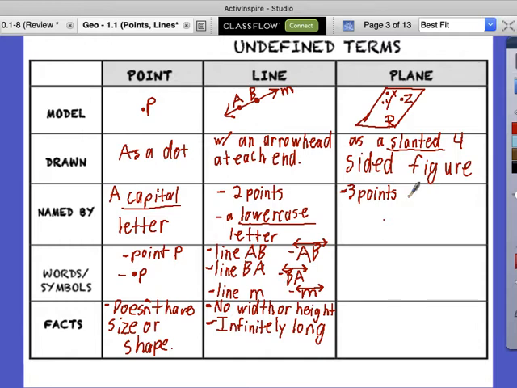But these points can't be on the same line, which is the same thing as being linear.